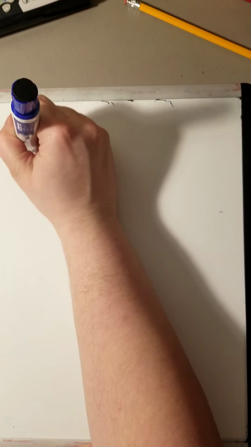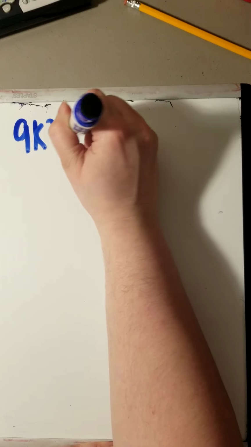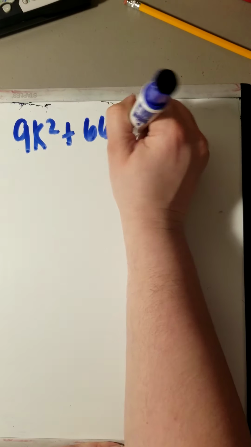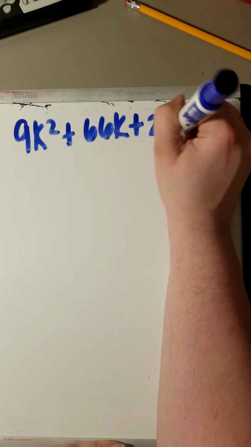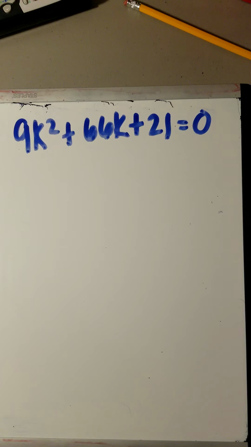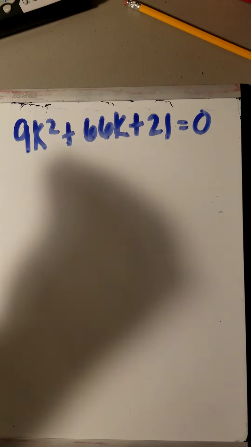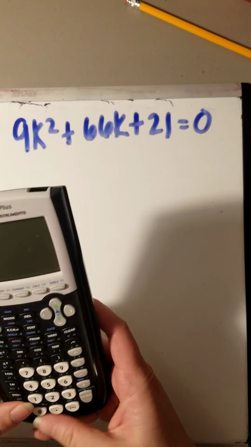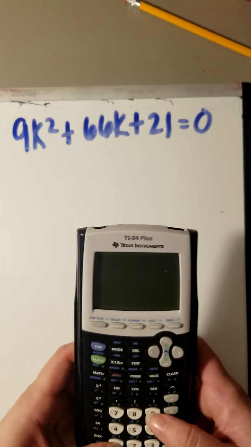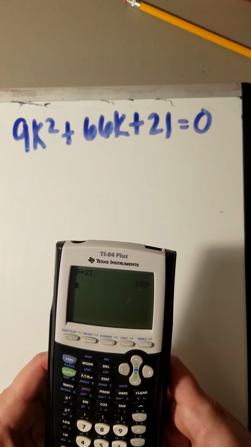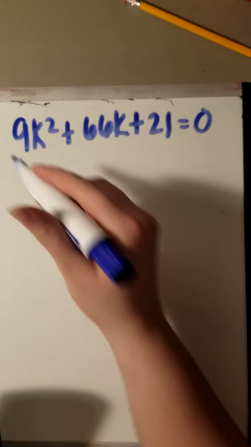Okay, so let's use that again, but now for the second one that I showed you. We had 9k squared plus 66k plus 21 equals 0. Now, this one's going to be a little bit trickier because now we've got some pretty big numbers involved. For example, if I do 9 times 21 in order to make it disappear, I get 189.